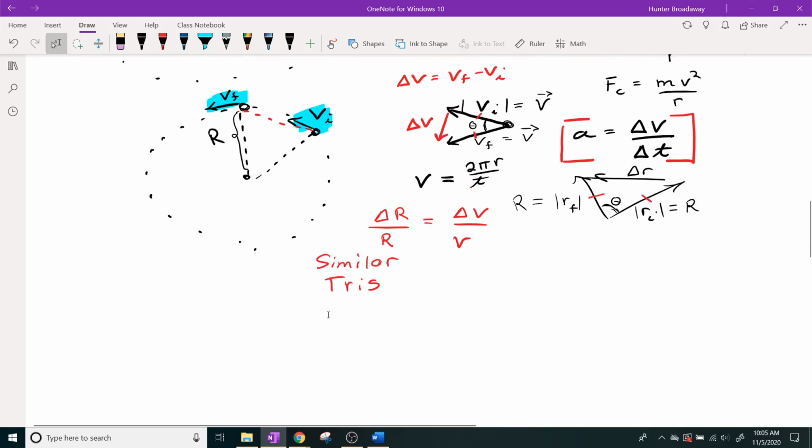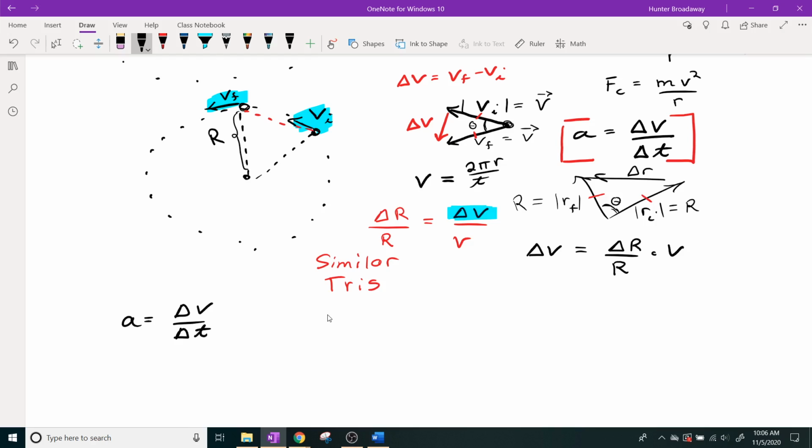Because if acceleration equals delta v over delta t, this delta v right here can be solved. And I can say that delta v is just delta r over r times v.